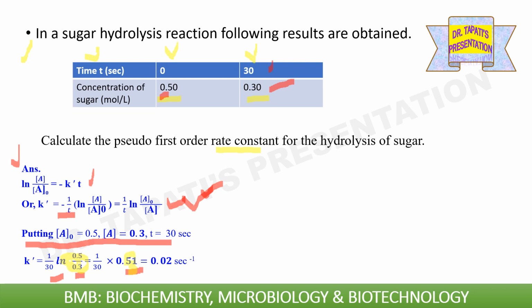So if you multiply, we will find 0.02 per second. Unit of rate constant is per second. So this is the final result for the first order rate constant for the hydrolysis of sugar.